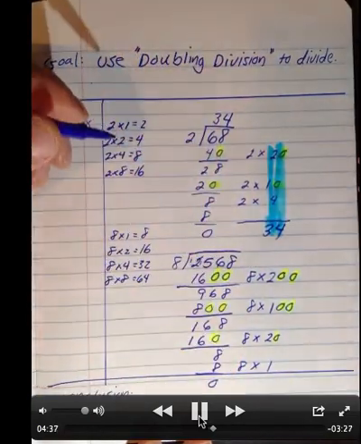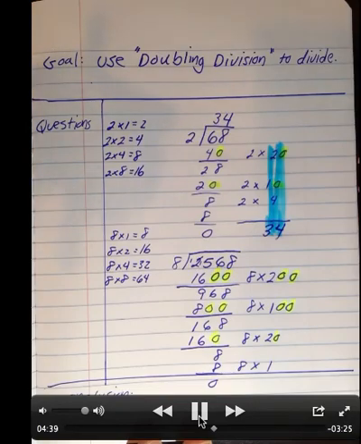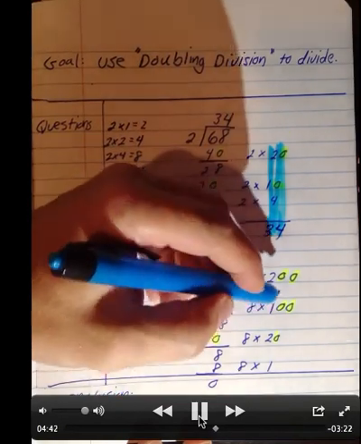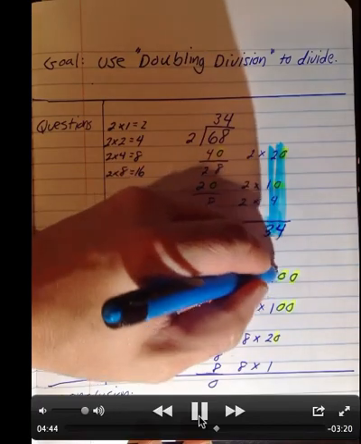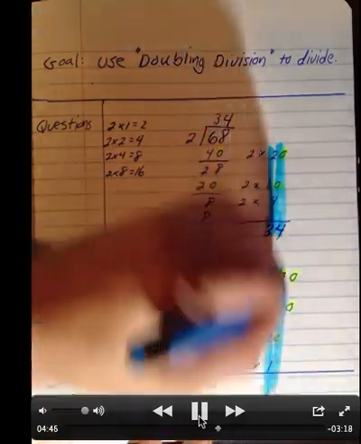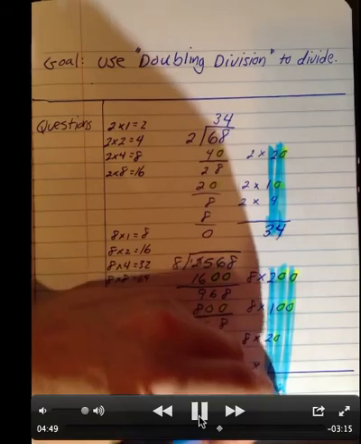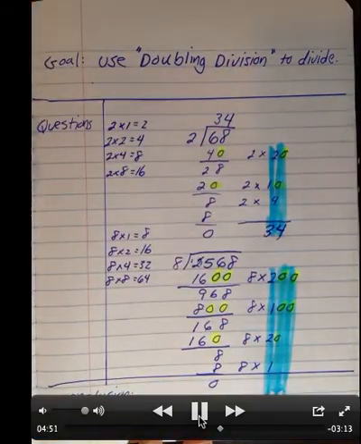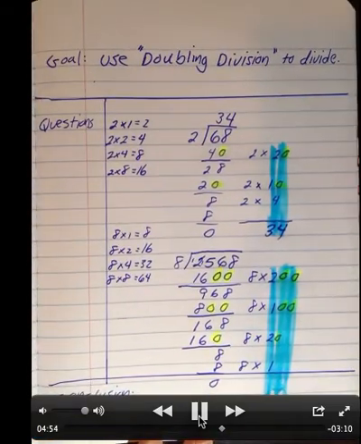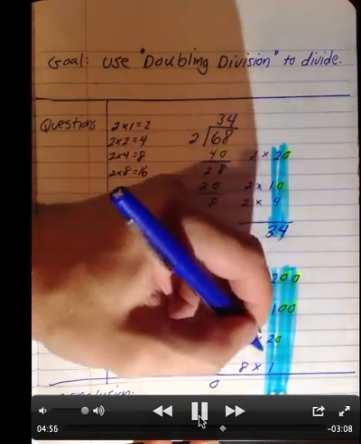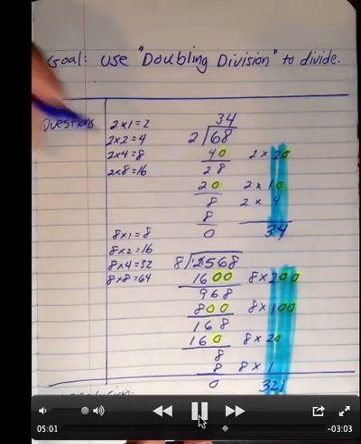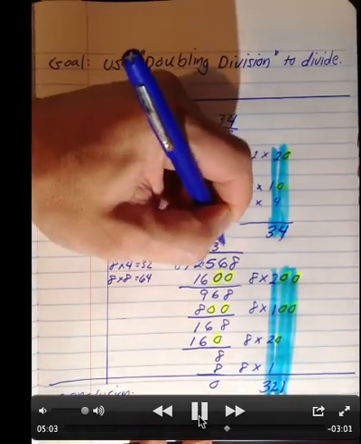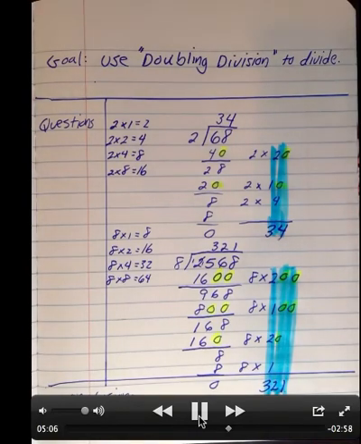So when you either have nothing left over or not enough to make another group, then you count up how many groups you've made. 200 plus 100 is 300, and 21. So we've made 321 groups. It looks like long division, but it's limited in what we use to create the group size.